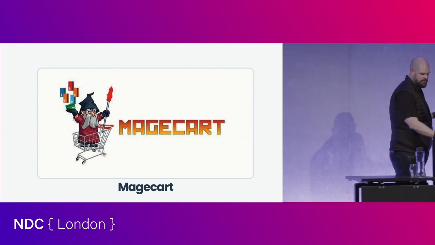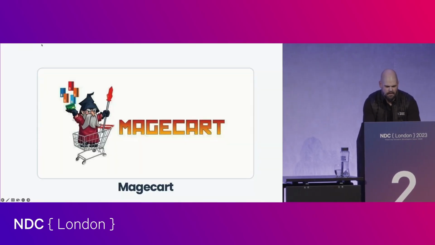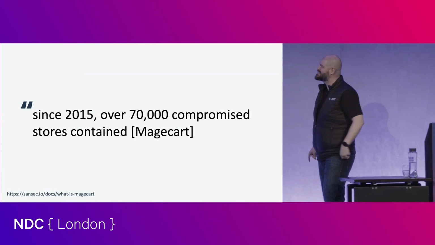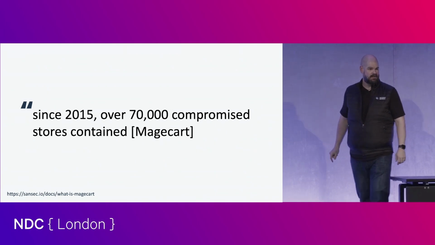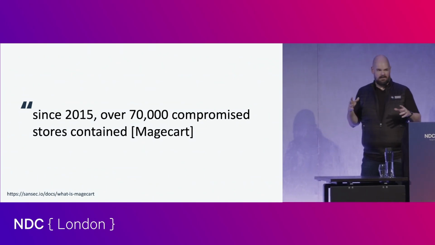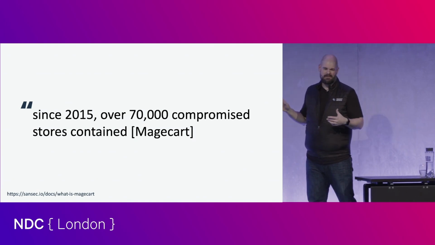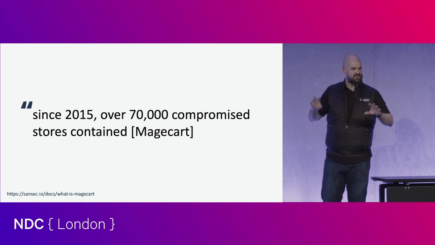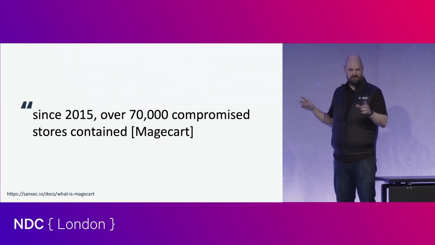Now, over 70,000 stores have been compromised by MageCart. Most of those came from non-client side vulnerabilities. Somebody was able to do some sort of script code execution on the servers, compromising Magento.